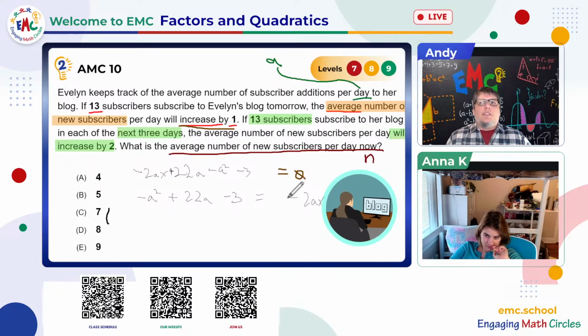And that makes it positive. So we're going to divide this by 2a. And we get x equals, well, this ugly, ugly thing.